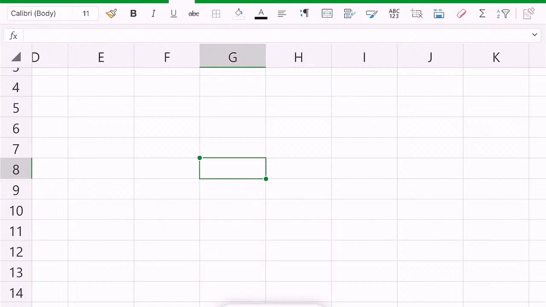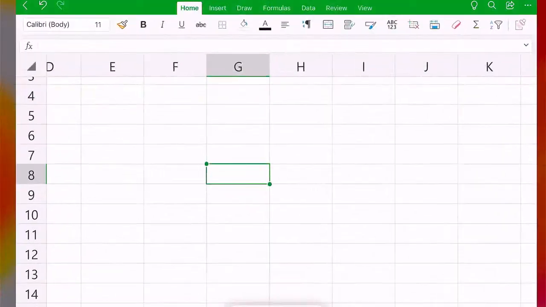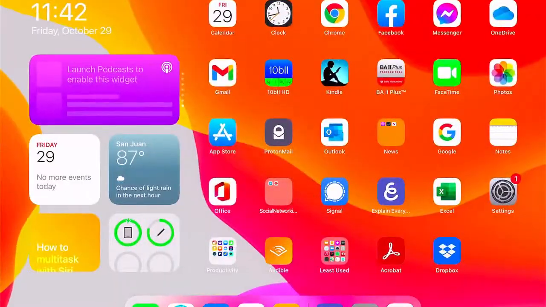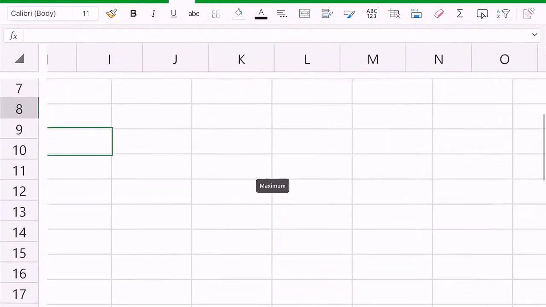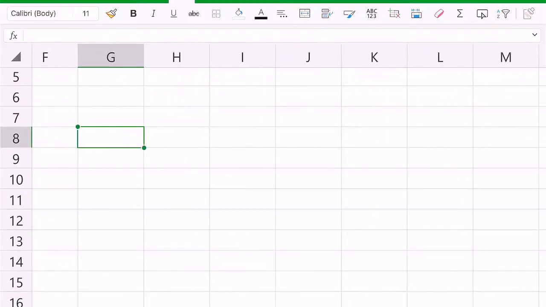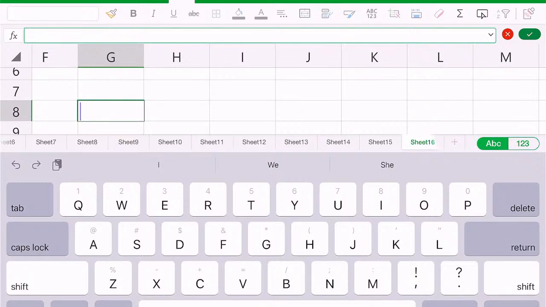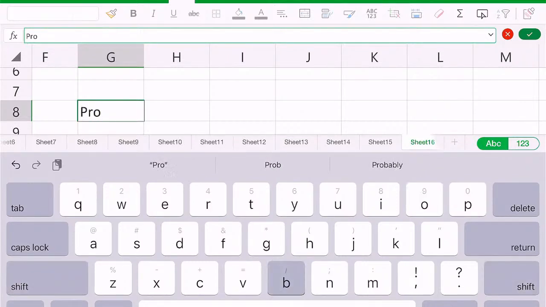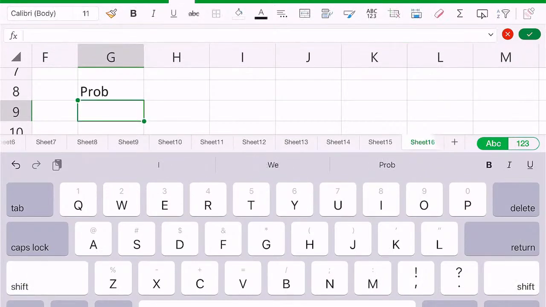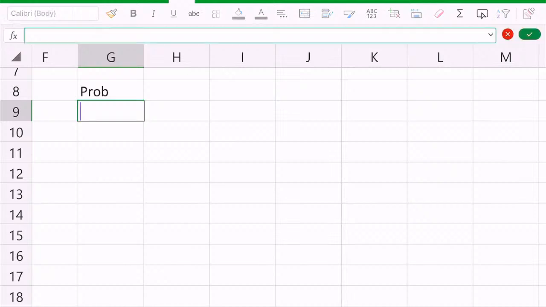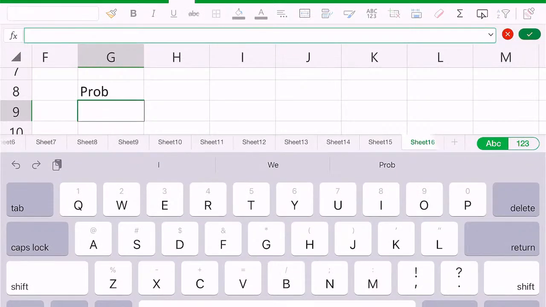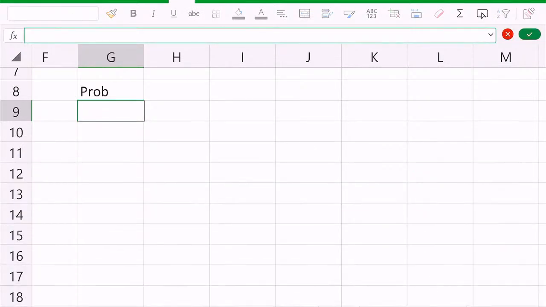Yeah, doesn't want to open. So I'm going to put probability here, and then, I like that little keypad. I don't know how to get that back.